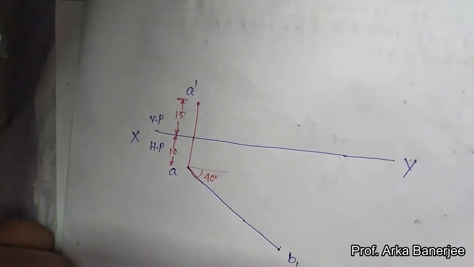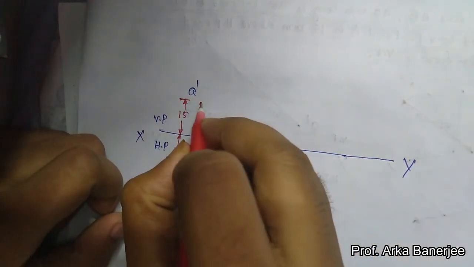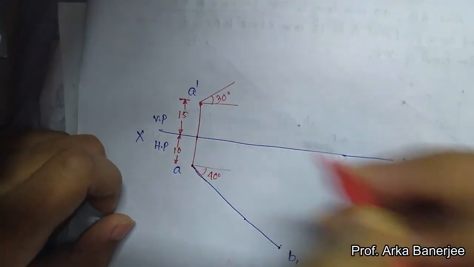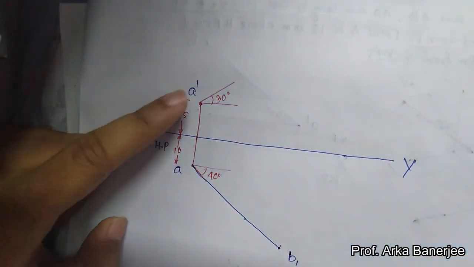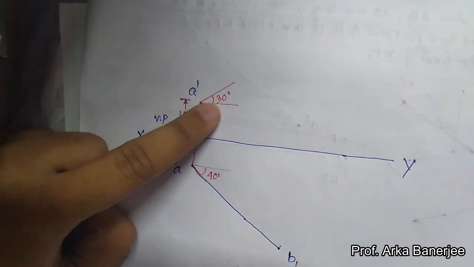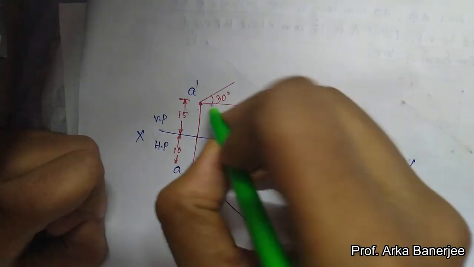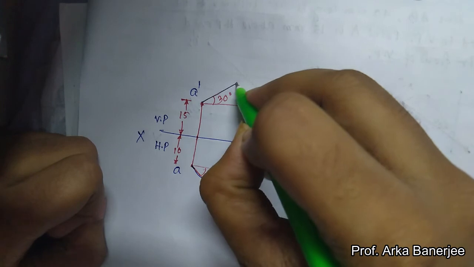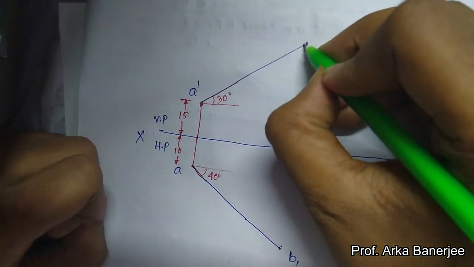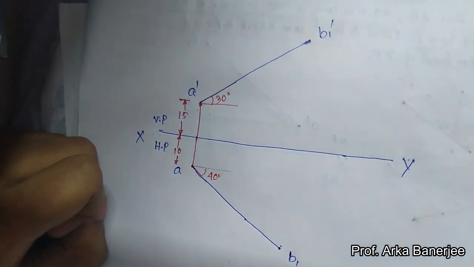On the other hand, on VP, you draw a line that is inclined to 30 degree because the straight line is 30 degree inclined to horizontal plane. That is why 30 degree you can see here on vertical plane. And you draw a B1 prime 40 millimeter long.